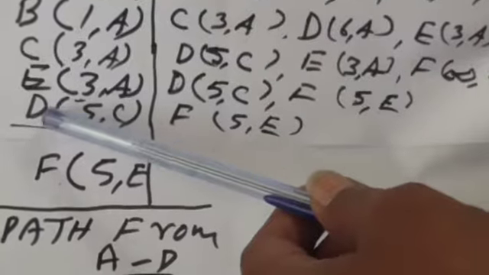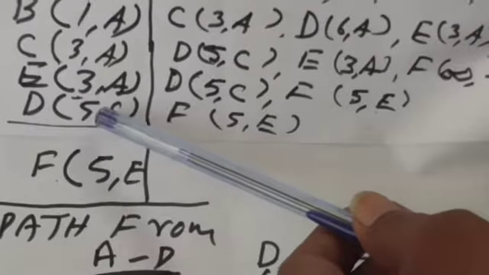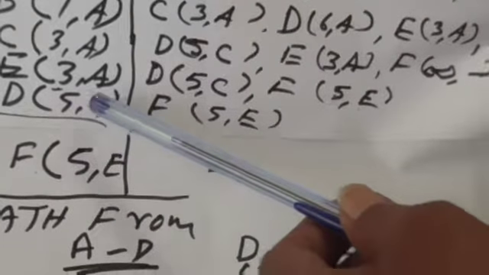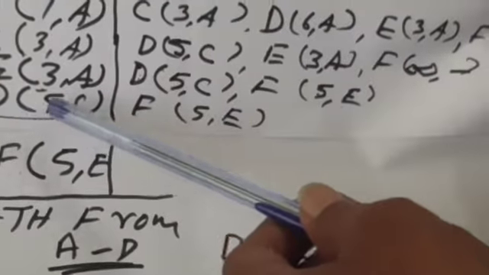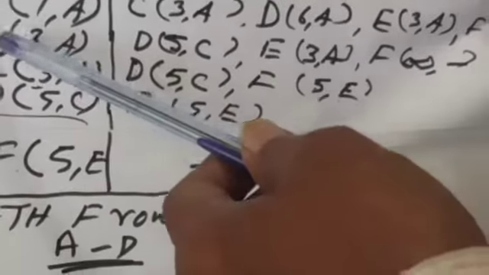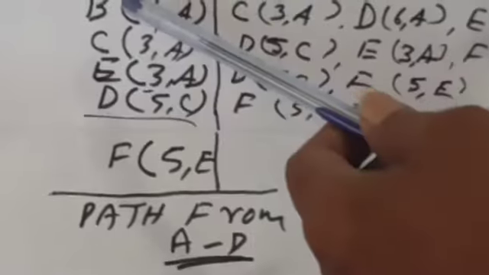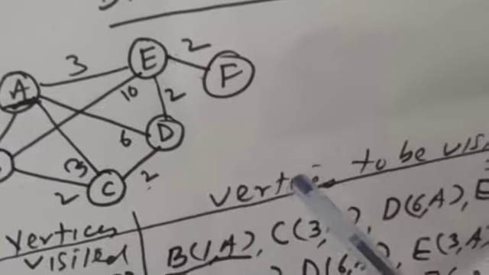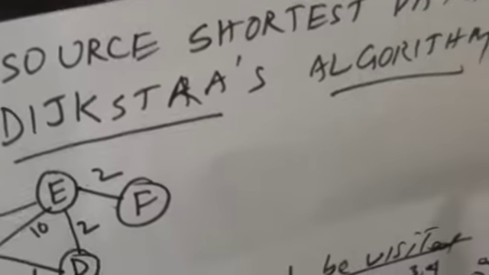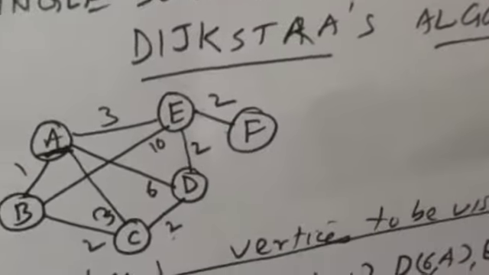For D the minimum distance is 5, and you are able to reach D from C, and C you are able to reach from A. So A is your starting point. So this is how you can calculate the shortest path from a single source. This algorithm, as I stated, is given by Dijkstra. Very easy to calculate. Thank you.